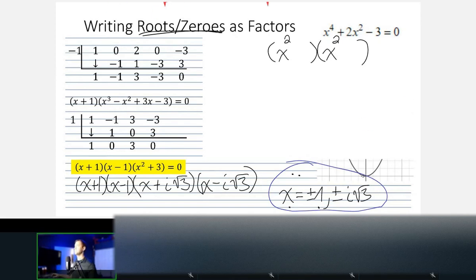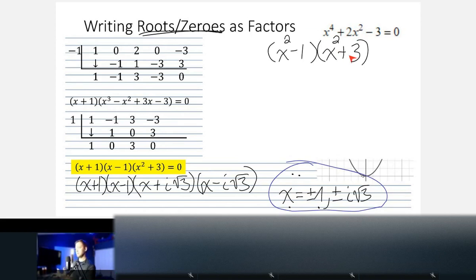So we're going to write -1 and +3, right? So -1 plus 3 is +2, and -1 times 3 is -3. So we factored this to get down to here.